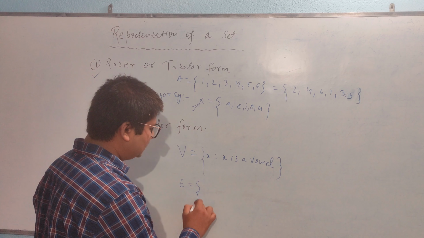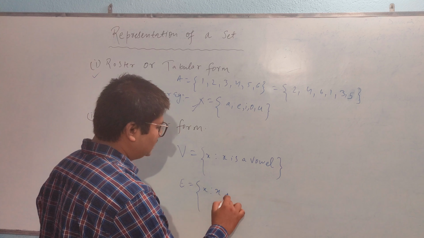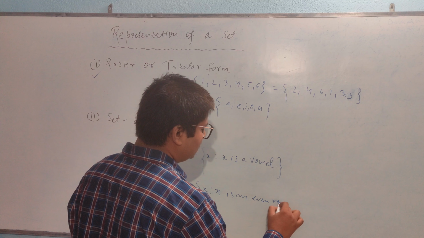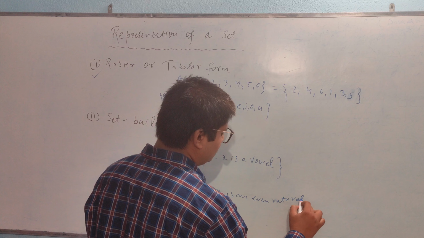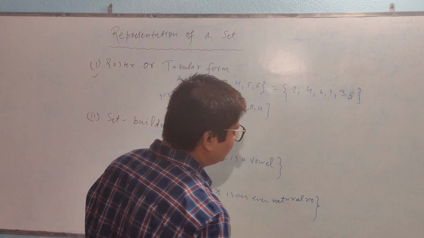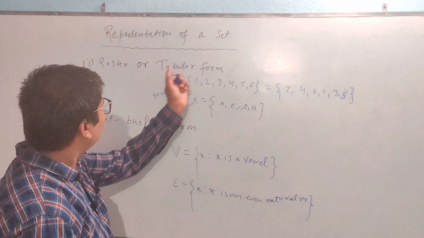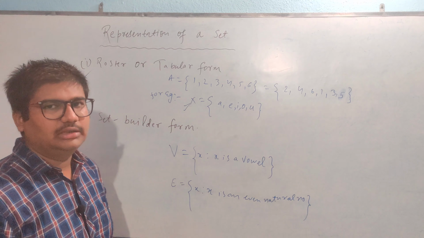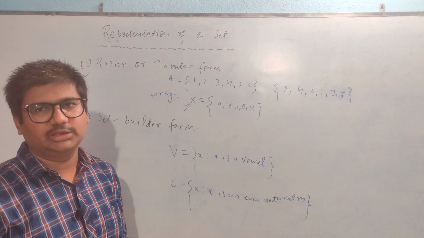We would represent it like this: x such that x is an even natural number. We would be seeing more examples for roster and set builder form in the due course of this chapter.